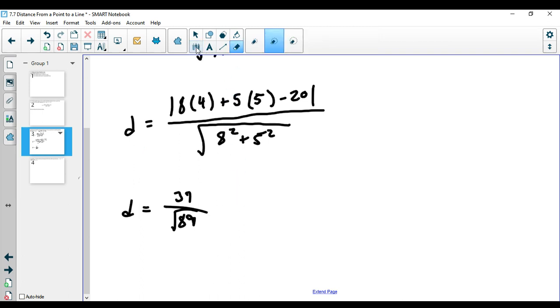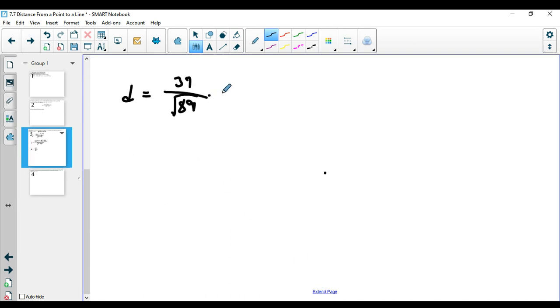And so, the old saying that I like to say: we've invented fire, we have the wheel, we are not cavemen, so we rationalize. To rationalize, we have to multiply the top and bottom by the square root of 89. The reason we can do this and we're not changing anything is because the square root of 89 divided by the square root of 89 is 1.